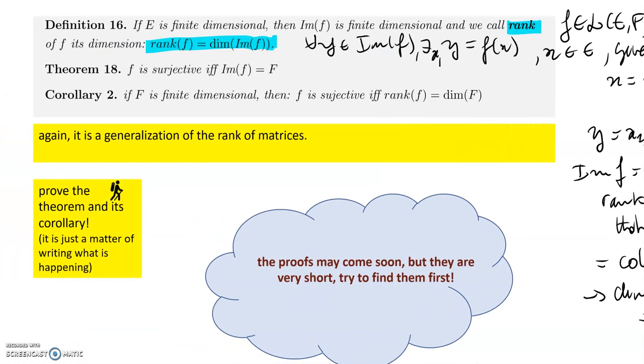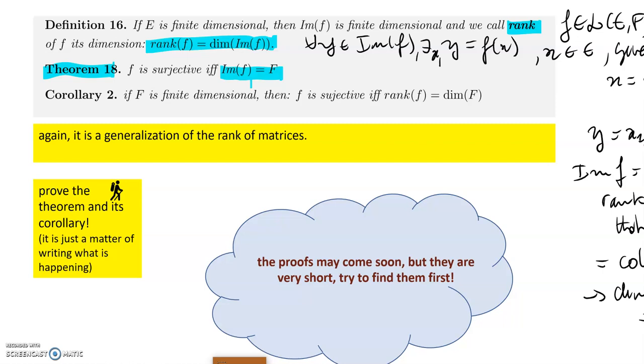Okay, next thing, this theorem 18. Actually, that theorem 18 is really you just have to write it. Surjective means that for any y in the codomain, you can find an x in the domain such that f of x is equal to y. And so if the image is equal to the whole codomain, then you know that you can find some x, so it's surjective.